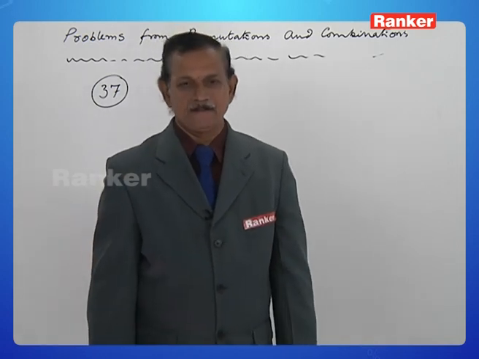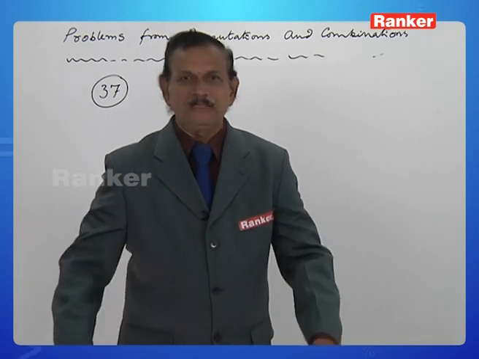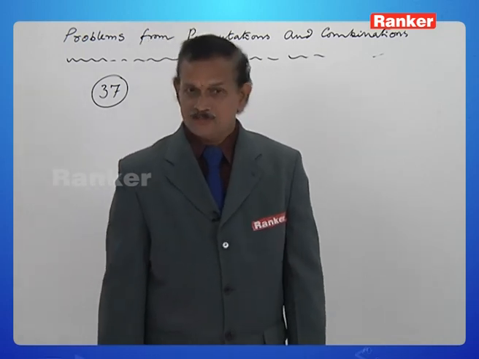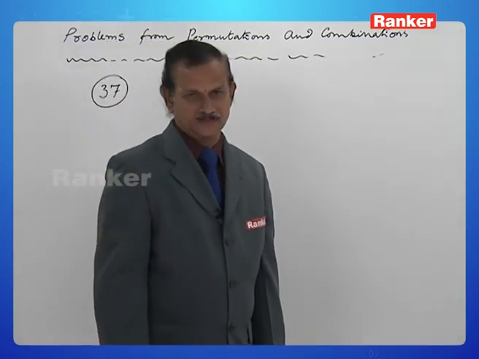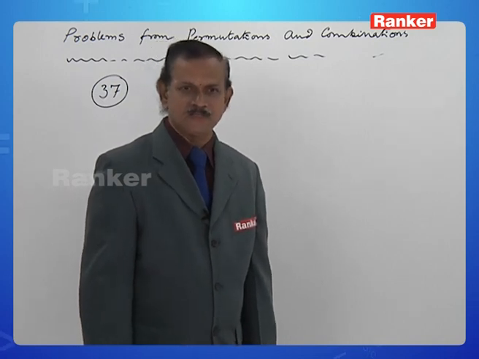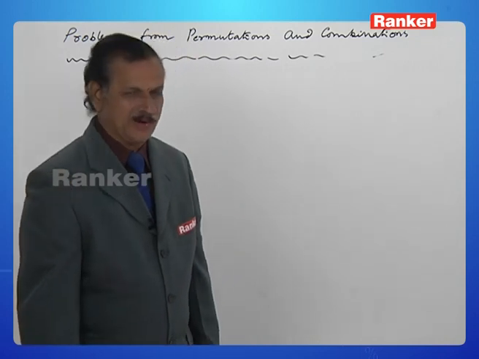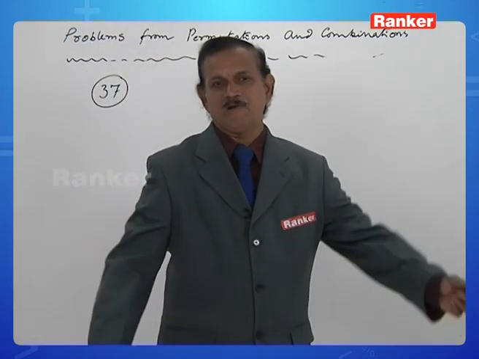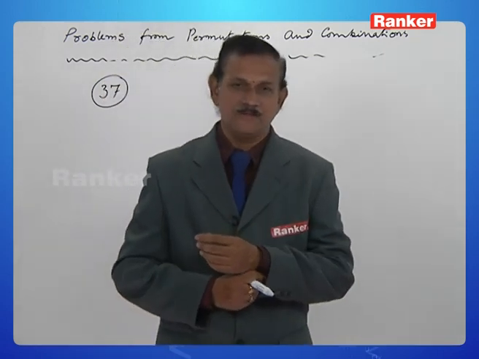These are supposed to be distributed among 6 persons, so that none of them receives less than 4 rupees. That is, every one of the persons should receive not less than 4 coins. The number of ways to distribute this is required.